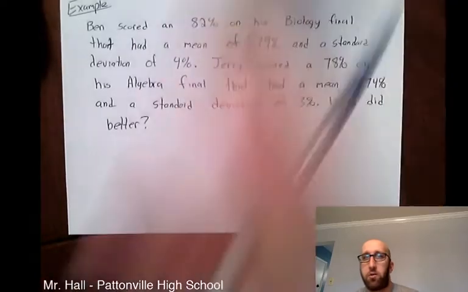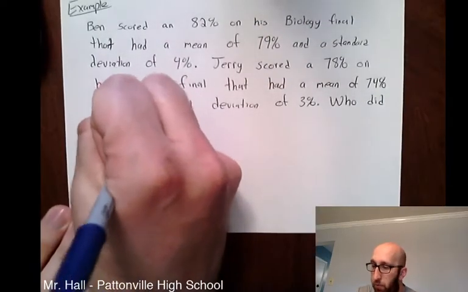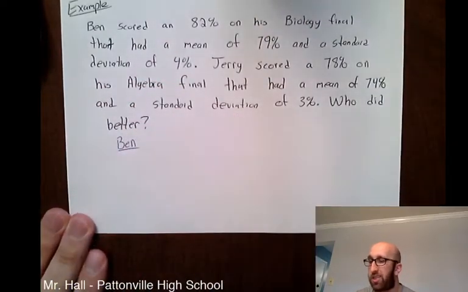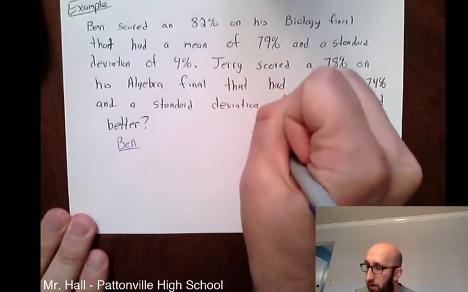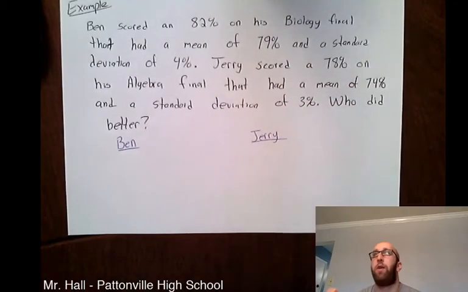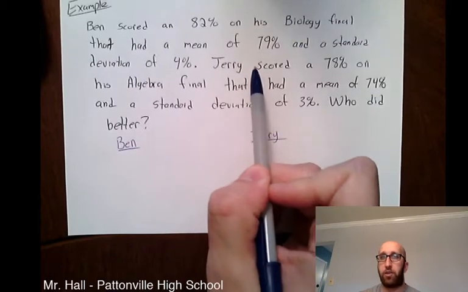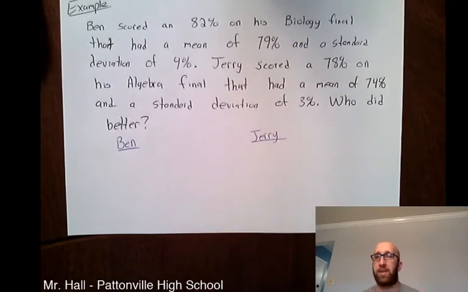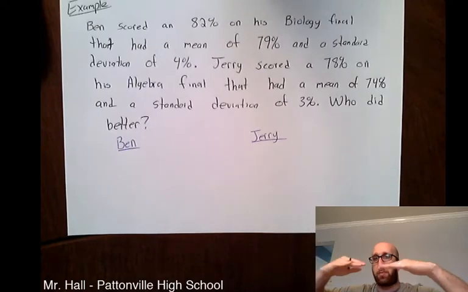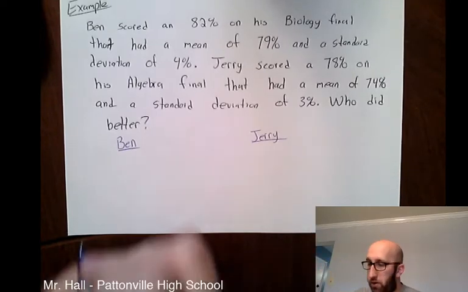So I'm going to calculate a z-score for Ben, and I'm going to calculate a z-score for Jerry. Once we have a z-score for each, we can compare them. We can't straight up compare them because Ben took a biology final and Jerry took an algebra final. Right now they're not on the same playing field, but a z-score will get them on the same playing field so that we can compare the two.